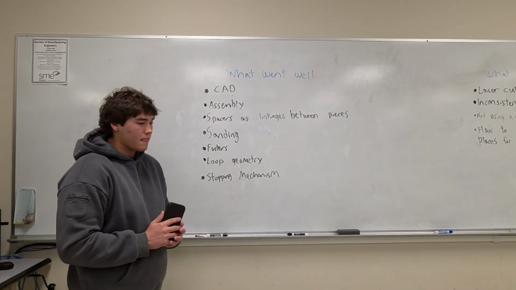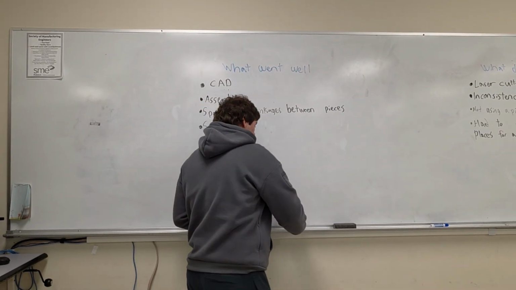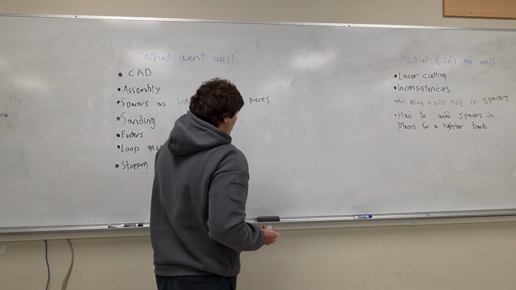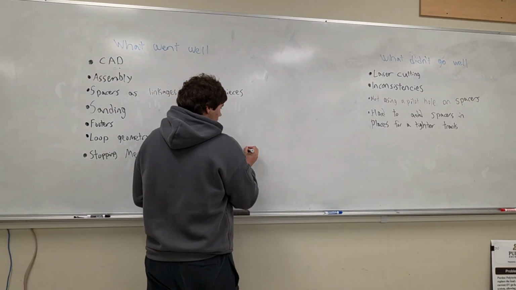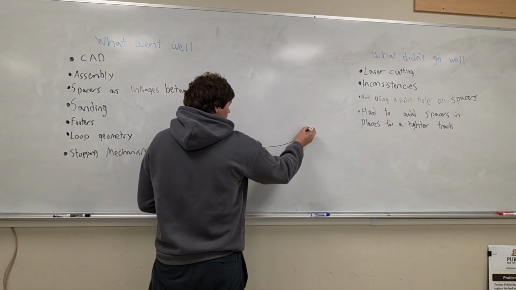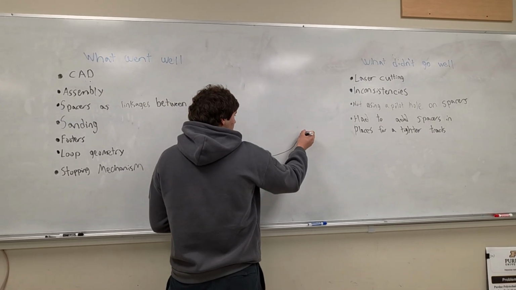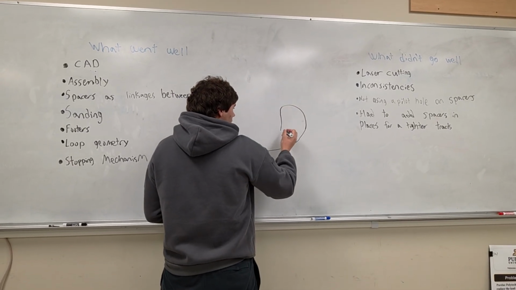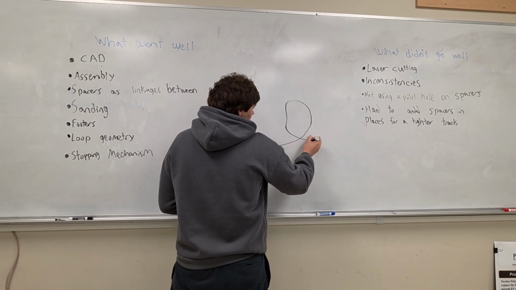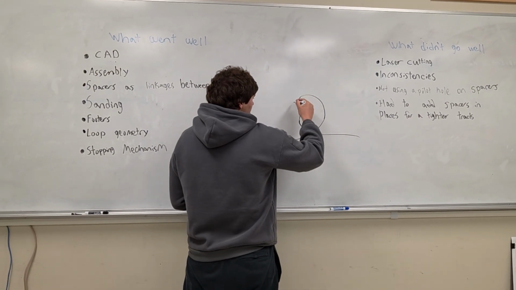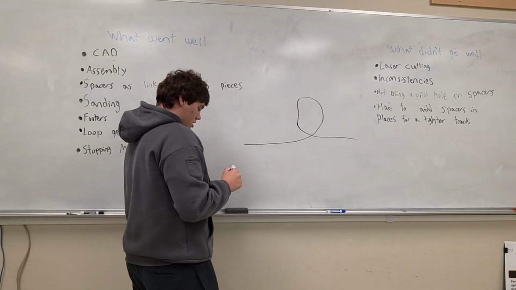Loop geometry, I'll actually draw a picture for this one. So right here you can see that the radius was pretty large coming into the actual loop, but then it got pretty extreme here. It's not a very good picture, but you get the gist. And then it was pretty large again coming out.